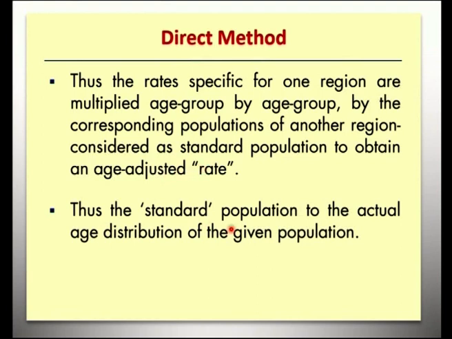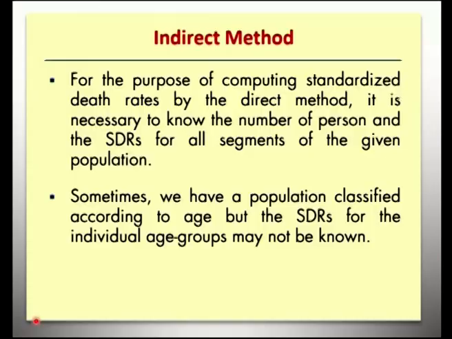Thus, the standard population is fitted to the actual age distribution of the given population. In the indirect method, for the purpose of computing standardized death rates by the direct method, it is necessary to know the number of persons and SDRs. SDR is a specific death rate for all segments of the given population.